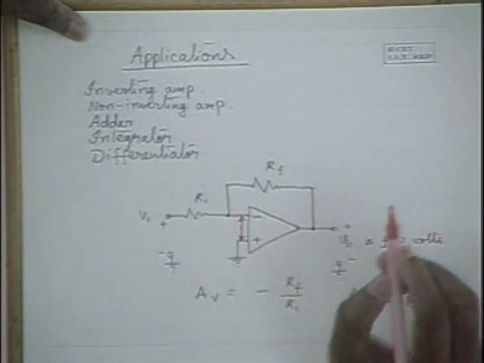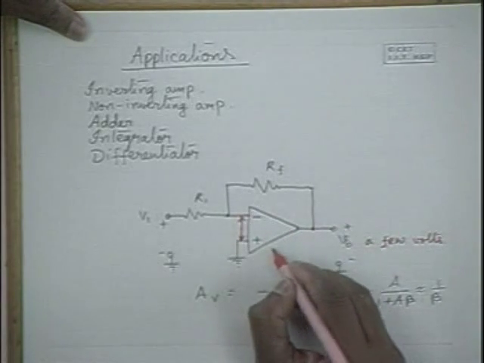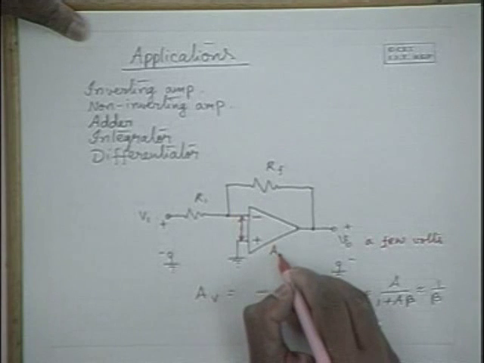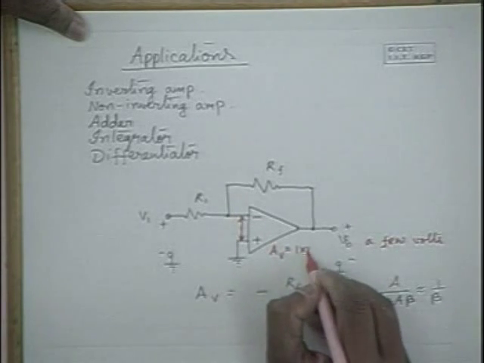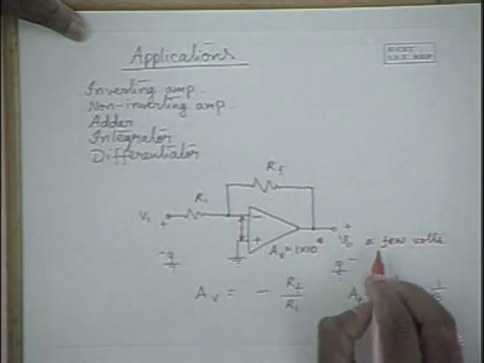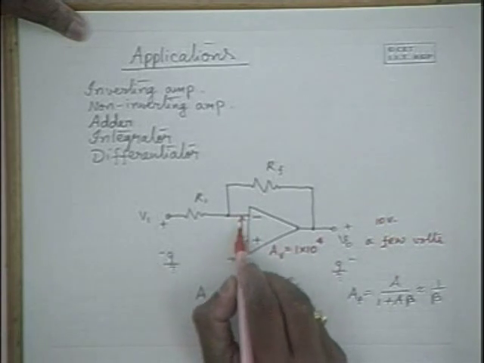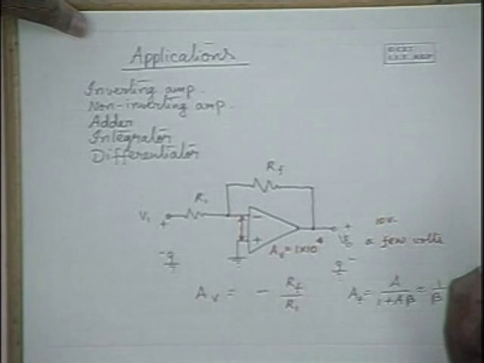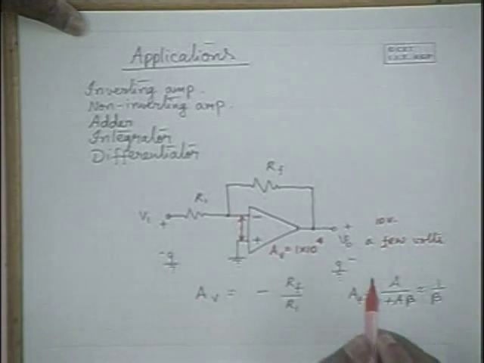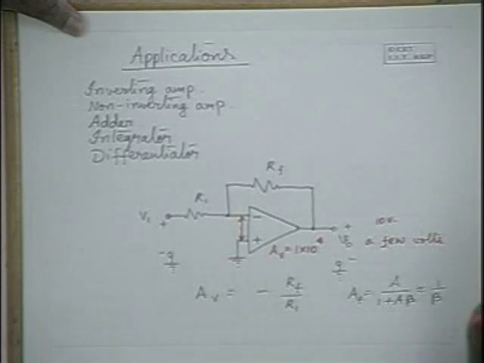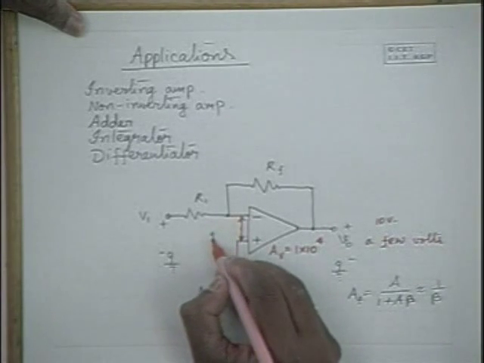It is negligibly small. As an example, consider a gain of 10 to the power of 4 and the output is 10 volts. So what is the input voltage you expect here at the input terminals of the op amp? If the gain is 10 to the power of 4 and output voltage is 10 volts, it's 1 millivolt.